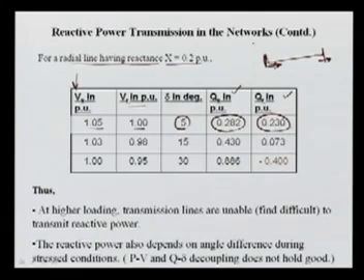Again, further we reduce the voltages by 2 per unit here and 2 per unit here, and then we looked at delta for more loading, and again for more loading the voltage will be less. We saw the reactive power requirement will be very high here, and what is going out is very less.